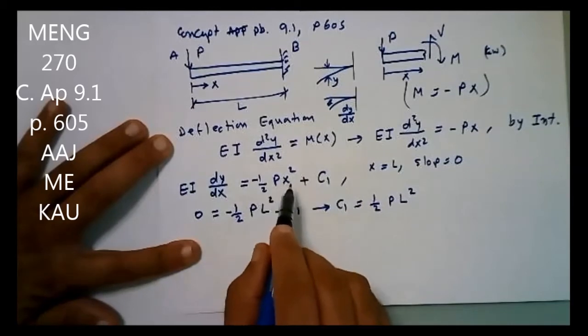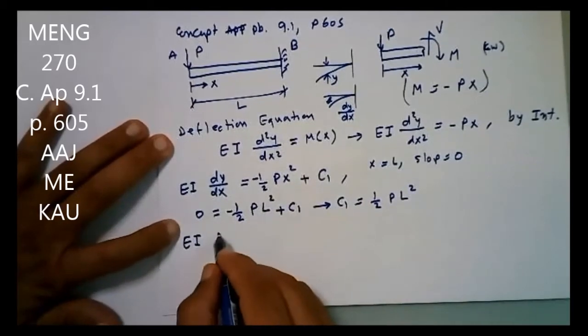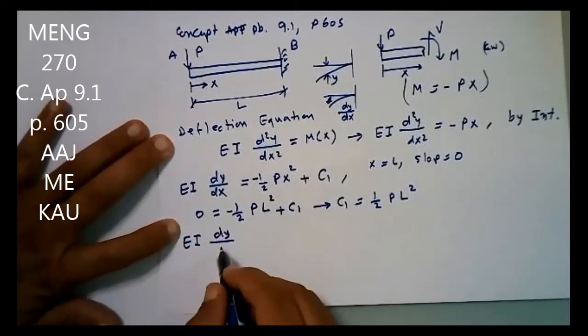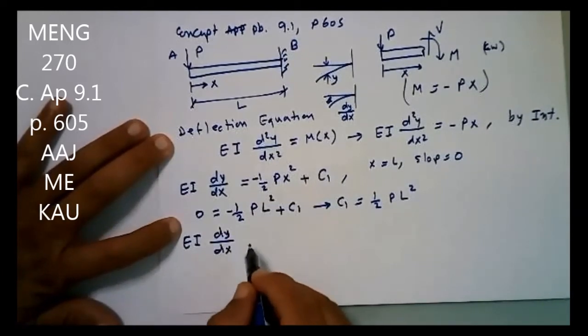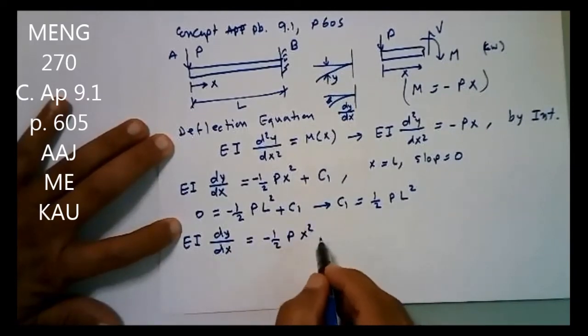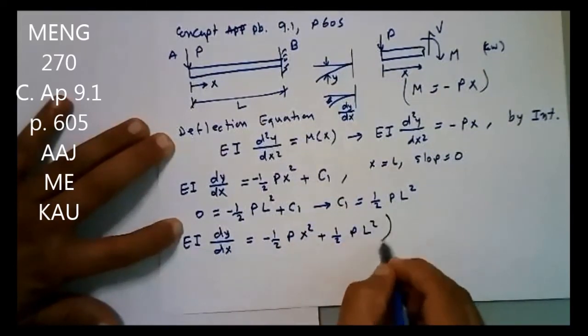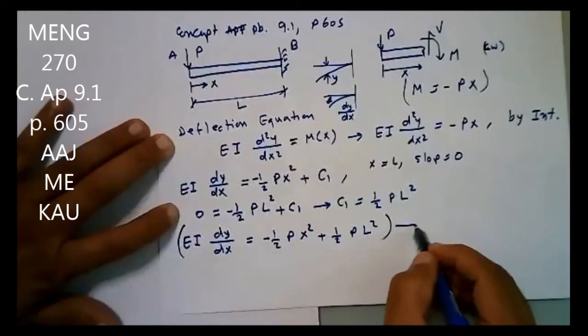This equation now is going to be, as we studied in math, the ordinary differential equation, EI dy over dx equal to minus half P x square plus half P L square. So this is equation 1.